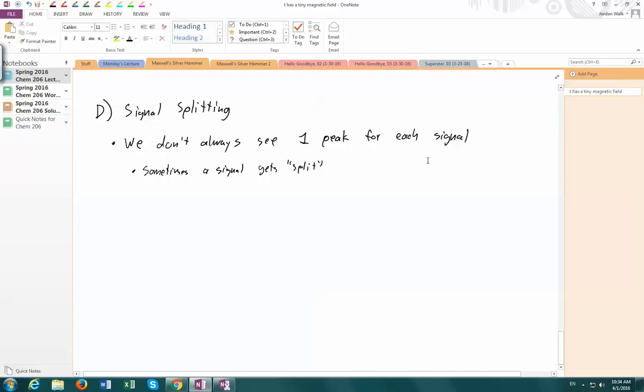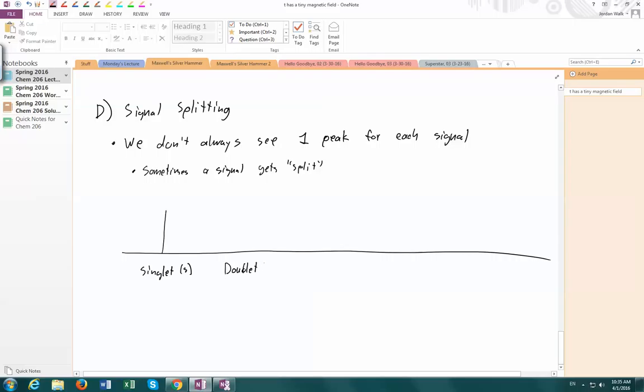Okay, so everything we've seen up to this point has been what we refer to as a singlet. Why do you think we call it a singlet? There's a single peak, right? And so a singlet is a peak where it's just one peak. That's our singlet. But we can see cases where our singlet becomes a doublet. How many peaks do you think are in a doublet? Two. Very good. A doublet ends up looking kind of something like that.